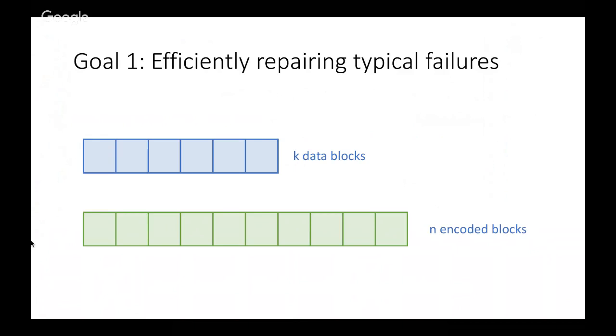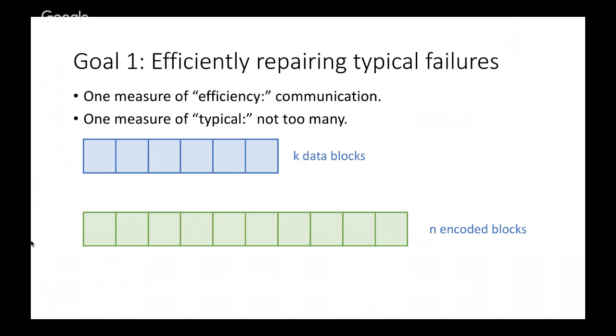Goal 1, which I waved my hands at before, is that we want to be able to efficiently repair typical failures. To define this more precisely, I need to tell you what I mean by efficient and what I mean by typical. What I mean by efficient is communication, and what I mean by typical is not too many.